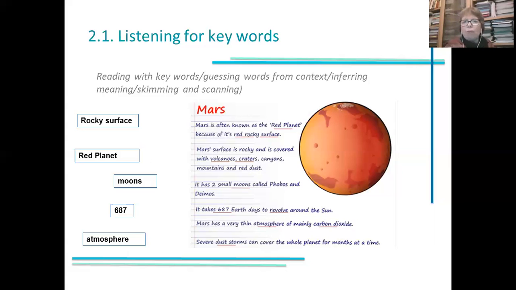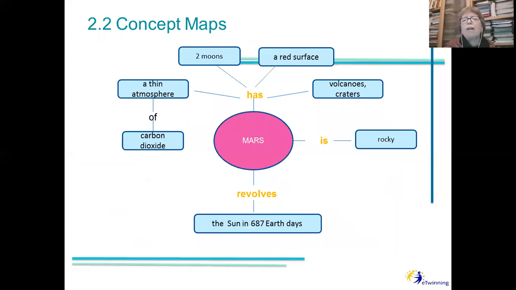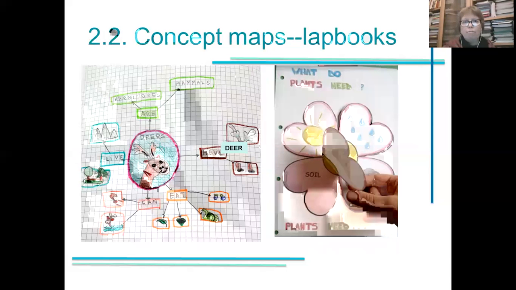So you do this kind of gymnastics with the eyes. When they have finished underlining all the words, they can use these words to make a concept map about Mars. Concept maps are very useful. Here there are some examples. For example, this is without words, mainly with pictures.